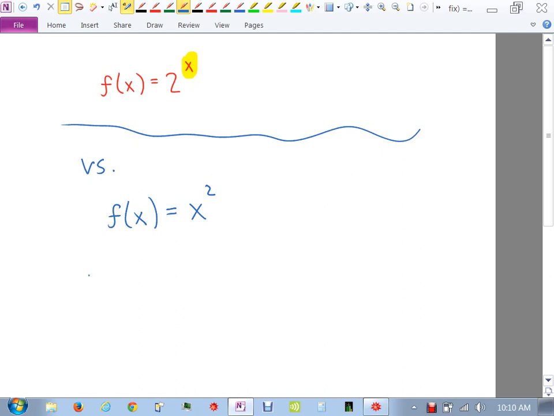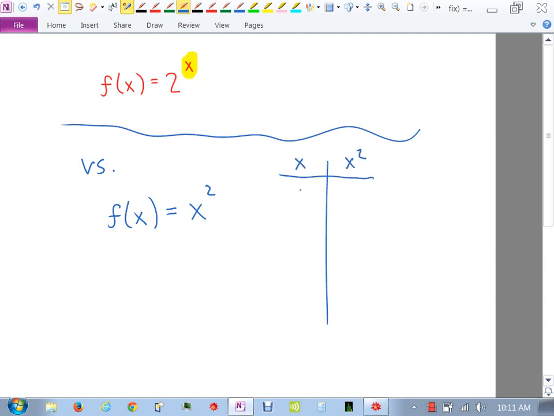Now the difference between 2 to the x, which is what we have on top in the red, 2 raised to the x, versus x raised to the 2, is that the top one is exponential, the bottom one is a polynomial. It's a quadratic function, but remember all quadratics are polynomials? So I guess maybe a natural question would be, they both grow, right? Which one grows faster?